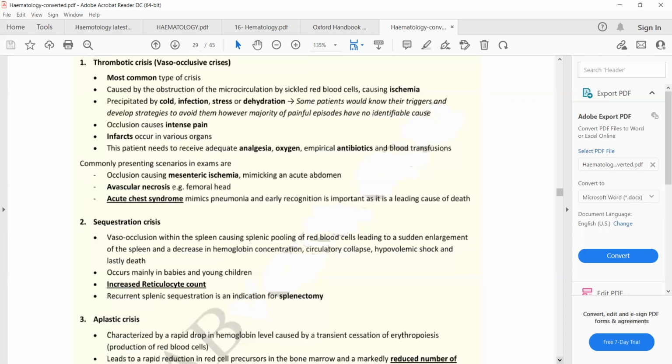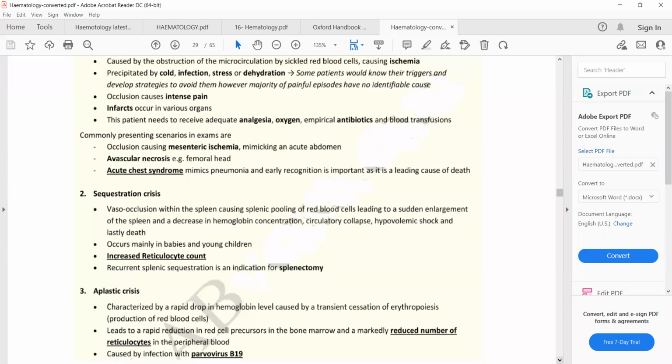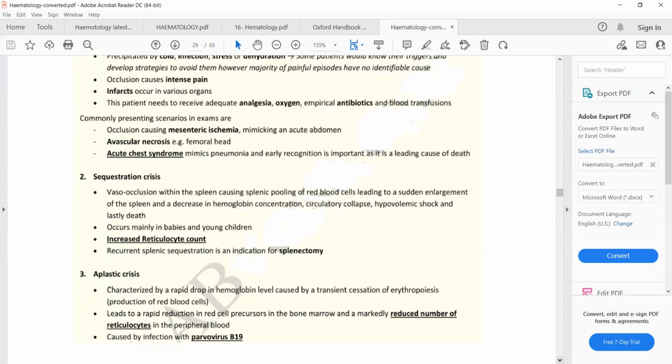Is this point clear to everyone? How can you differentiate between sequestration crisis and aplastic crisis in a patient with sickle cell disease? In both of them, the HB will be low. In sequestration crisis due to pooling of RBCs in the spleen, and in aplastic crisis due to bone marrow suppression.